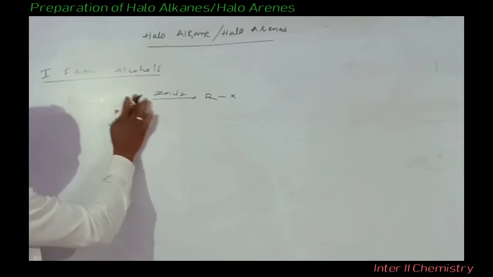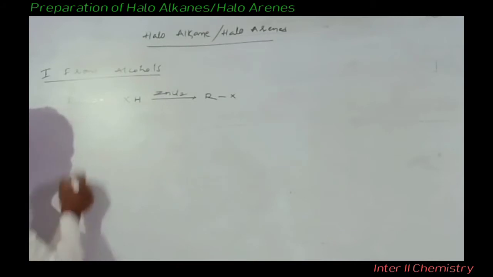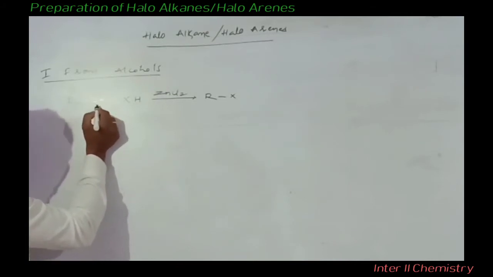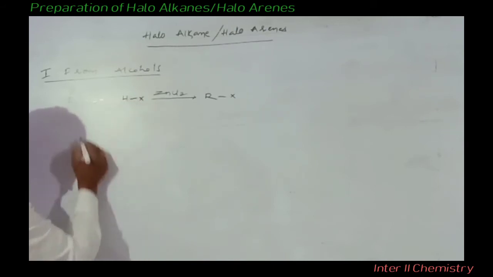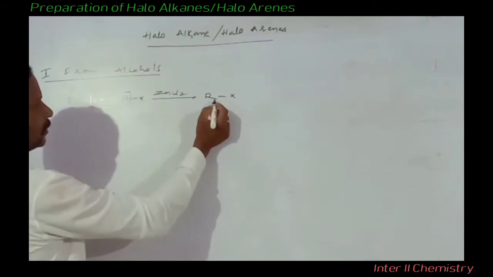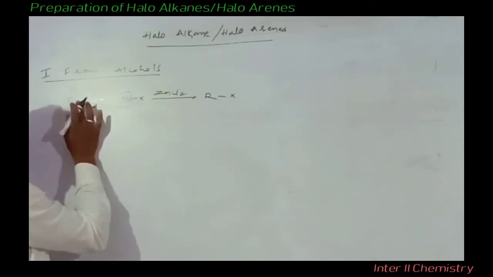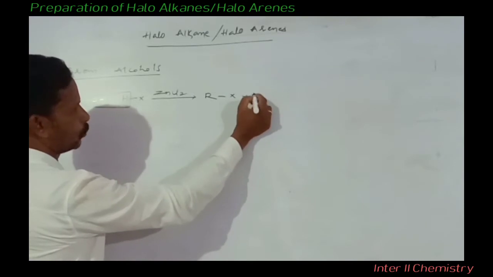We remove H and X like this as a water molecule. Then we combine the two lines and get RX plus H2O.